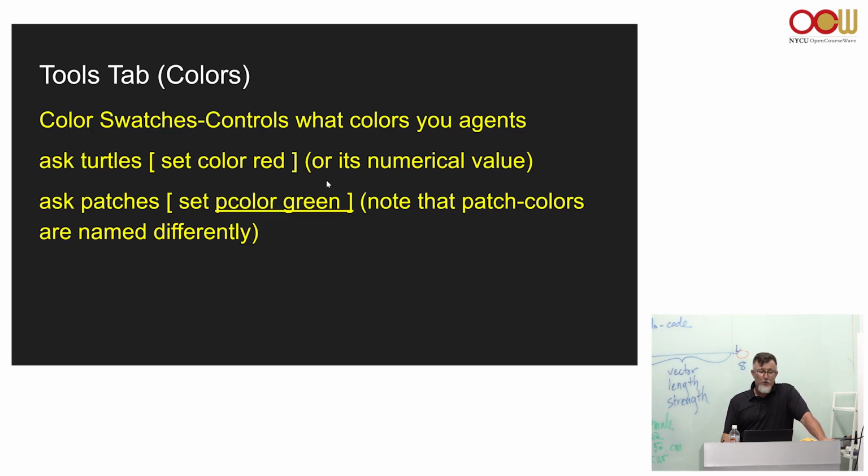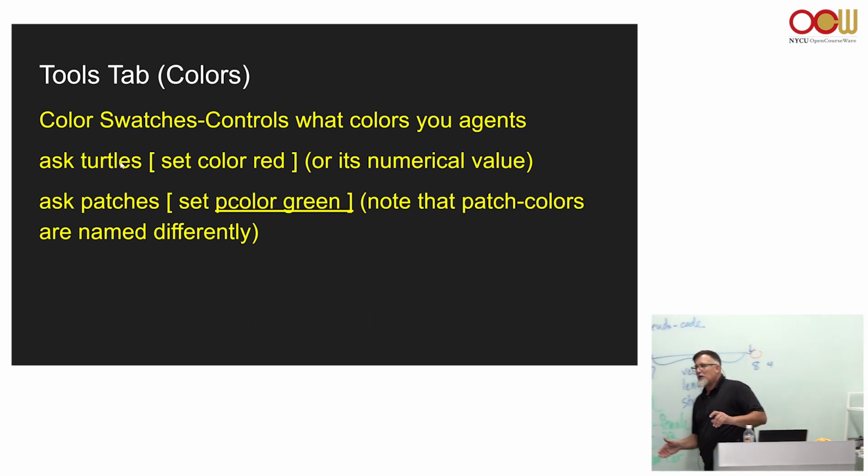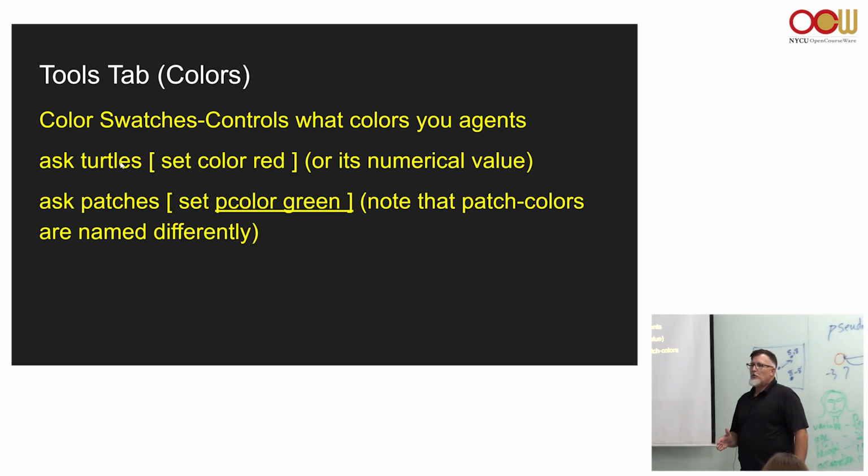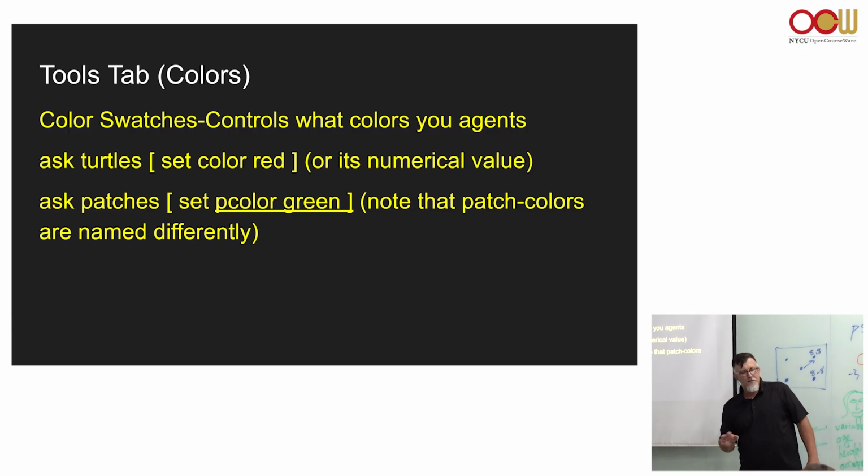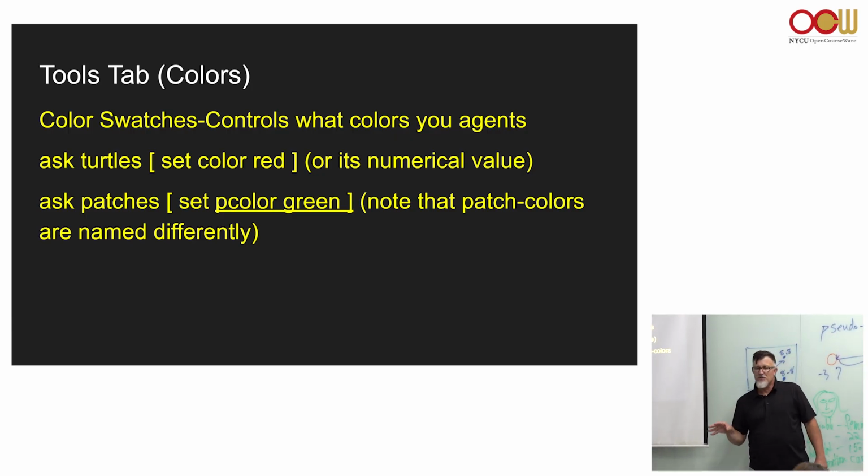Note the difference between color and P color. Color is a variable that only belongs to turtles. P color is a variable that only belongs to patches. P for patches, color for turtles. Anything that's patch related oftentimes will have a P in front of it to distinguish it from the variables that turtles have.